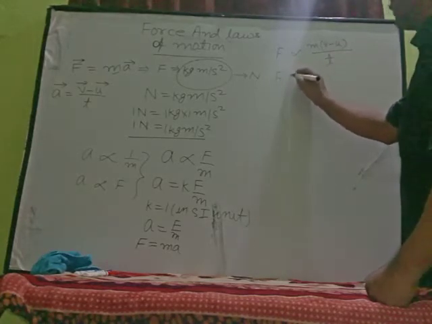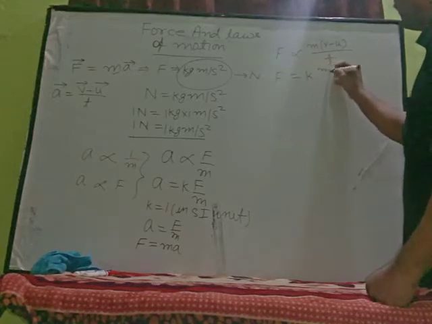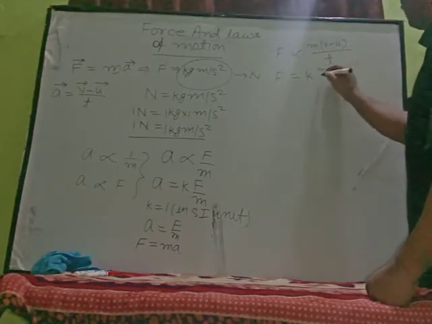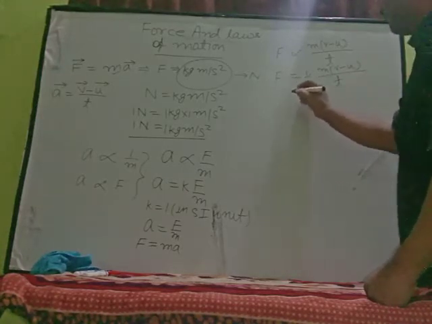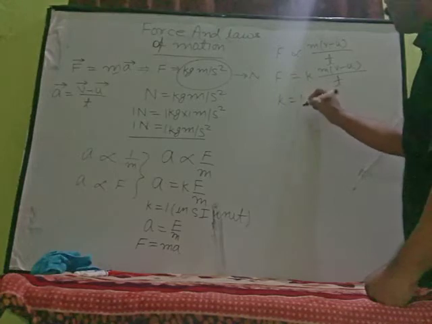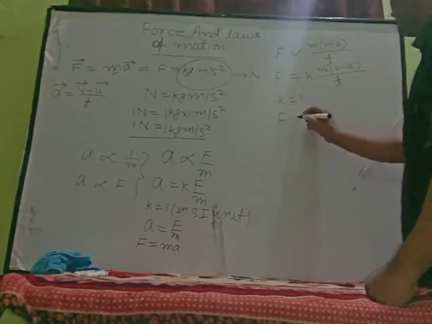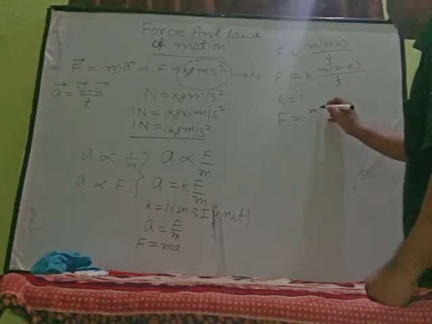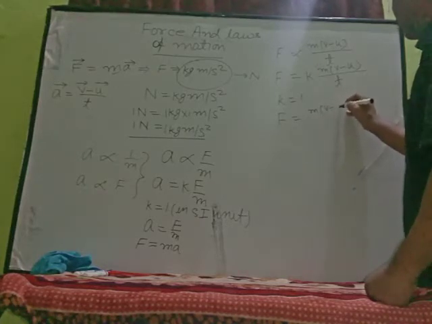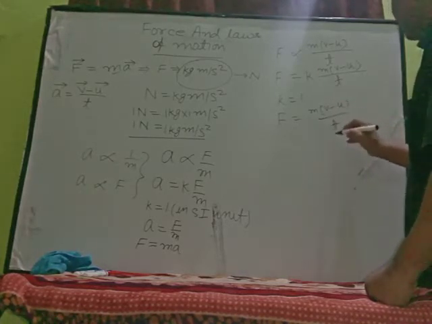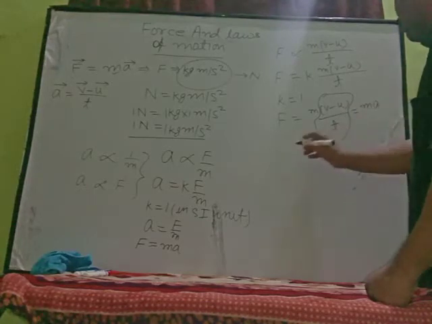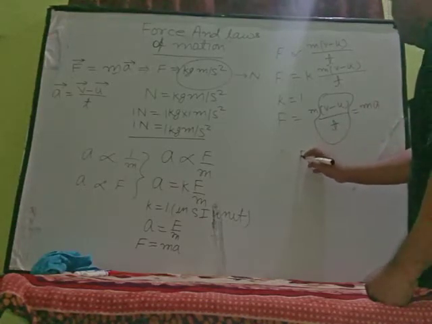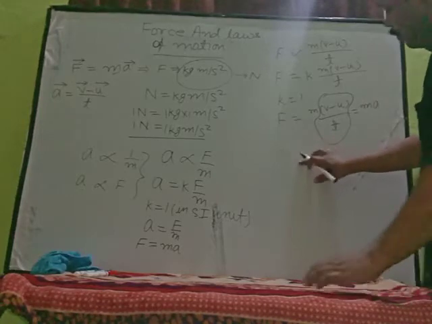So F is equal to k m (v minus u) by t. In SI unit, k is equal to 1, F is equal to m (v minus u) by t, and see this expression. What is this? This is acceleration. Therefore, F is equal to ma.